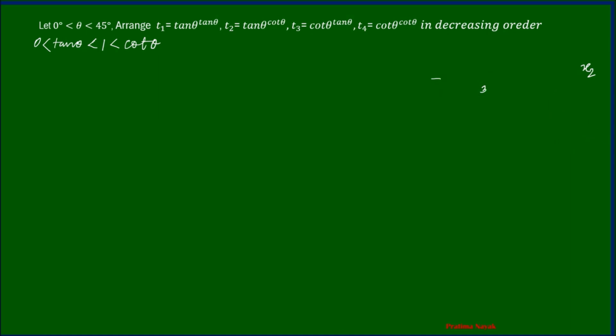So first I am comparing T3 and T4. T3 has the base cot theta which is greater than 1. T4 also has base cot theta, but here the power is cot theta, which is greater than 1, while in T3 the power is tan theta, which is less than 1.